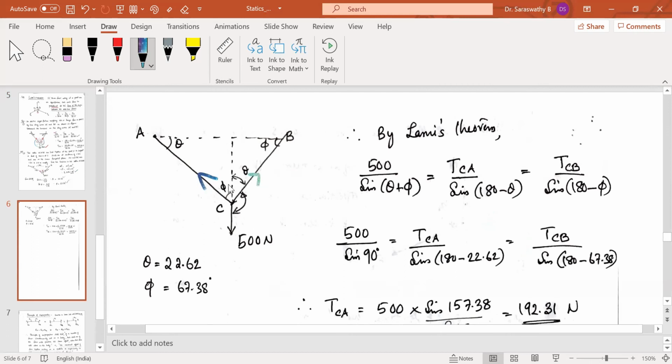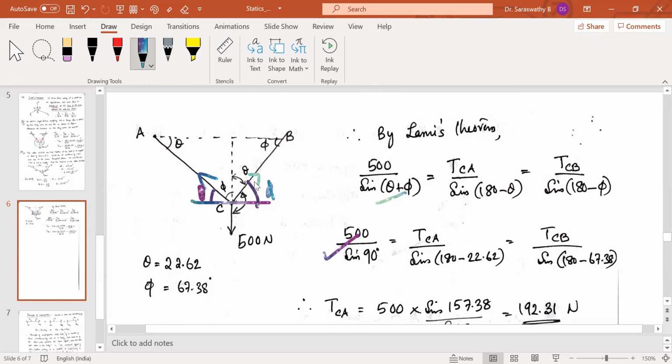This is theta, this is theta, this is phi, this is phi. By Lami's theorem, 500 by sine of this total angle. That angle is 90 degrees, and I have already drawn it in the figure. So 500 by sine 90.